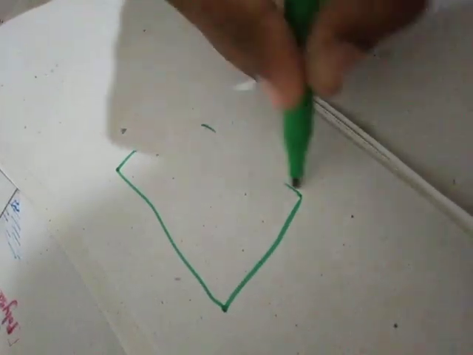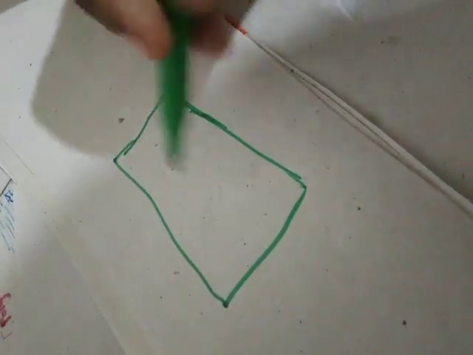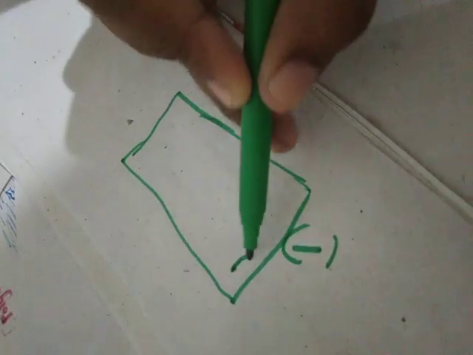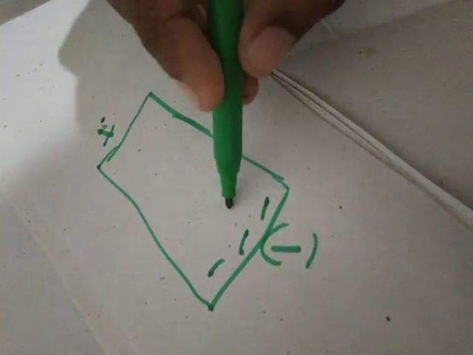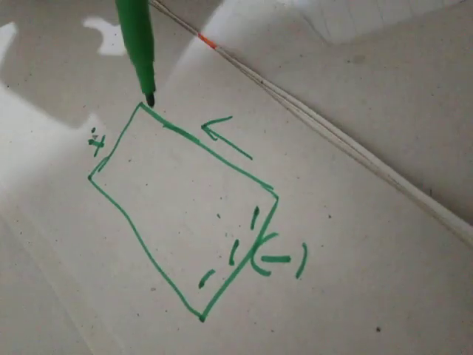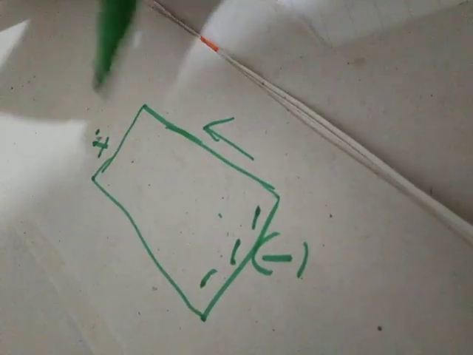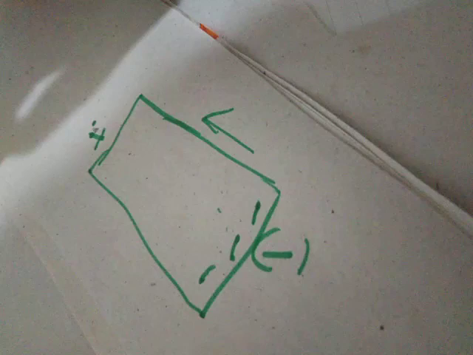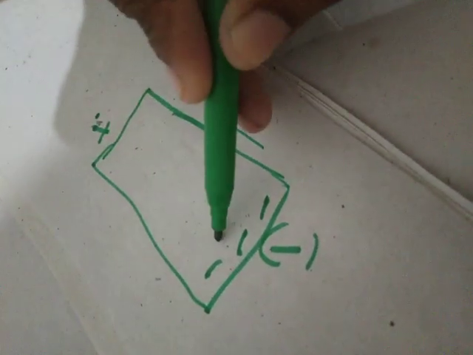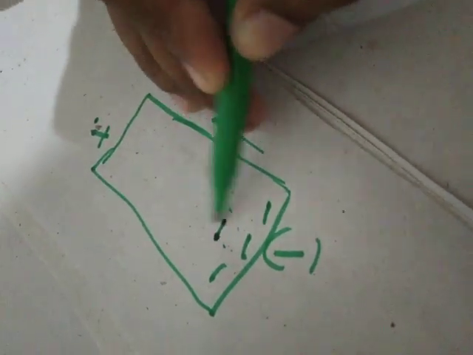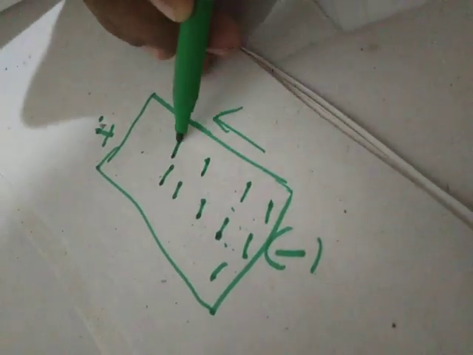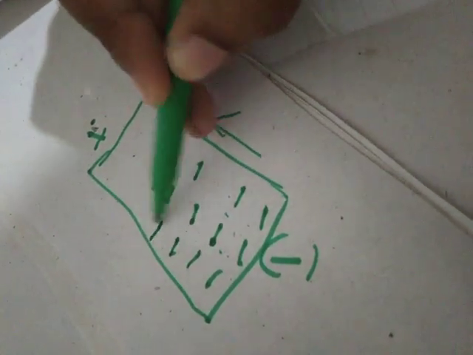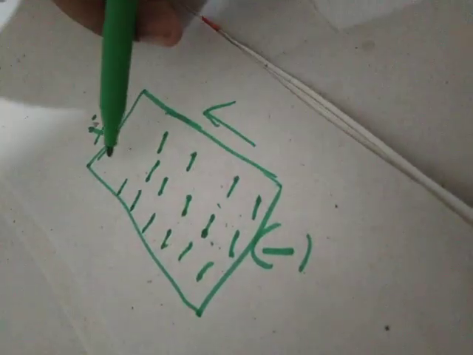As an example, this is the machine, this is the minus part, the wells are here, and this is the plus side. So the DNA has to move this way. When we apply the current, the DNA fragments move like this.